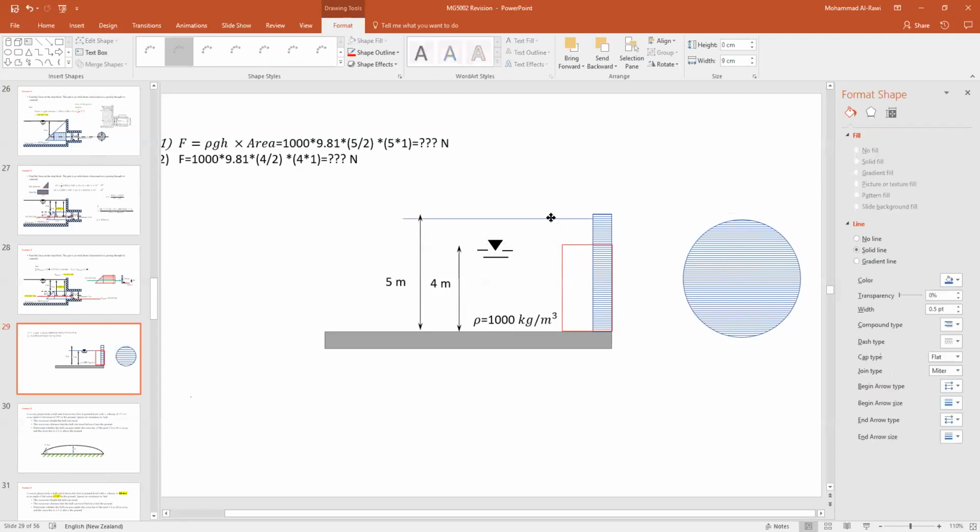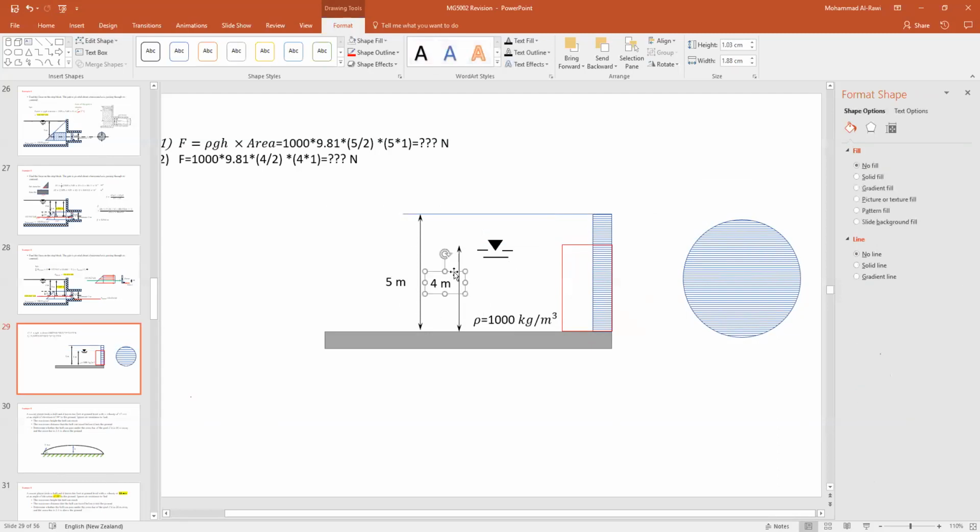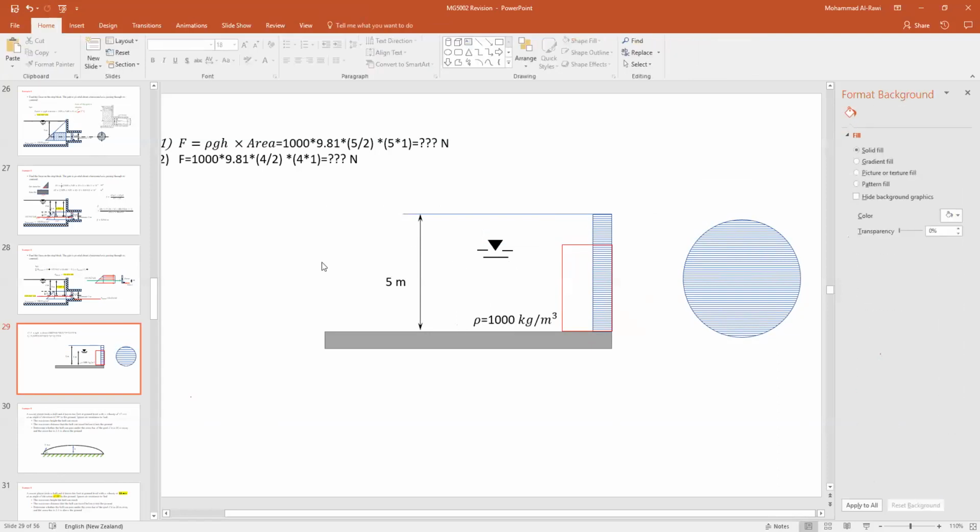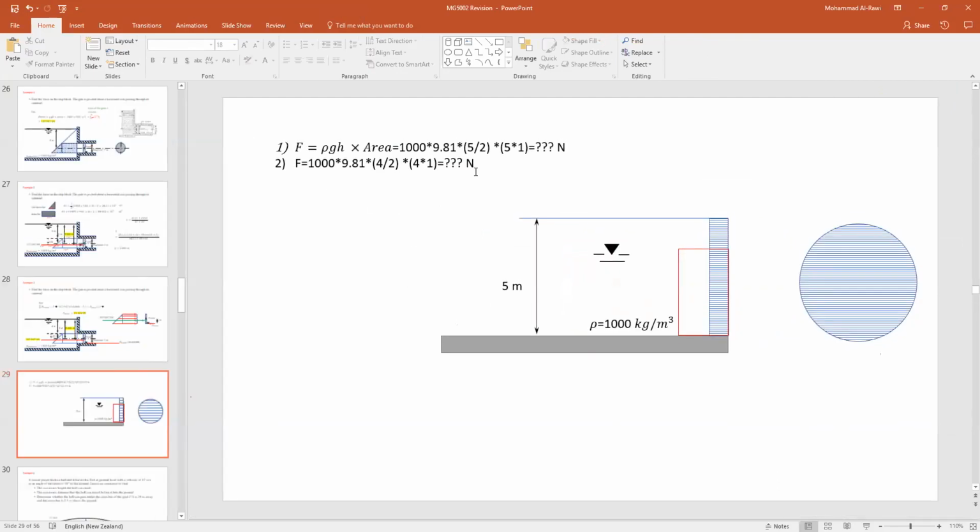And we go back to this scenario when it's fully submerged. Let's say the gate for some reason was a circular shape, then definitely the area will be changed. So now we have a new scenario. What's the new scenario? We write it down. F is equal to what? 1000 is the density times 9.81 times, what's the center for that?